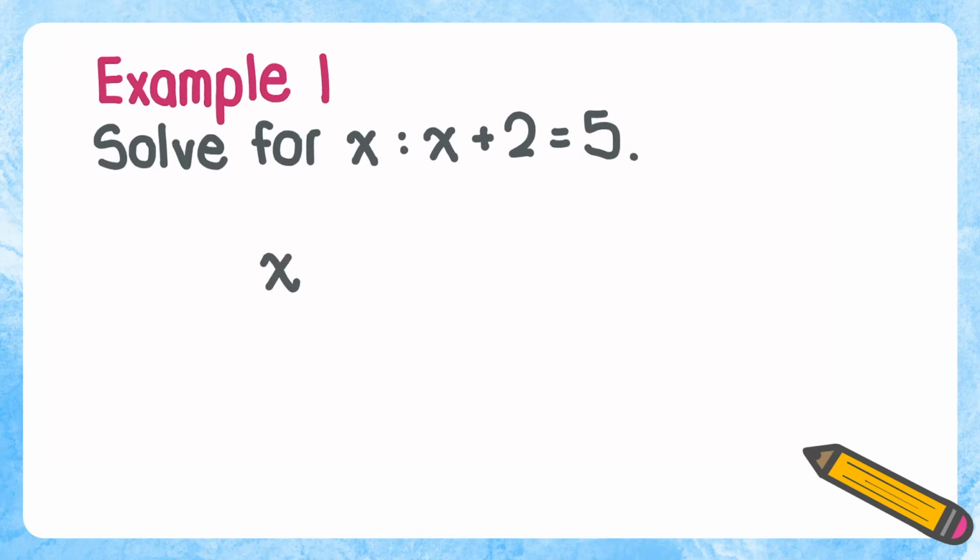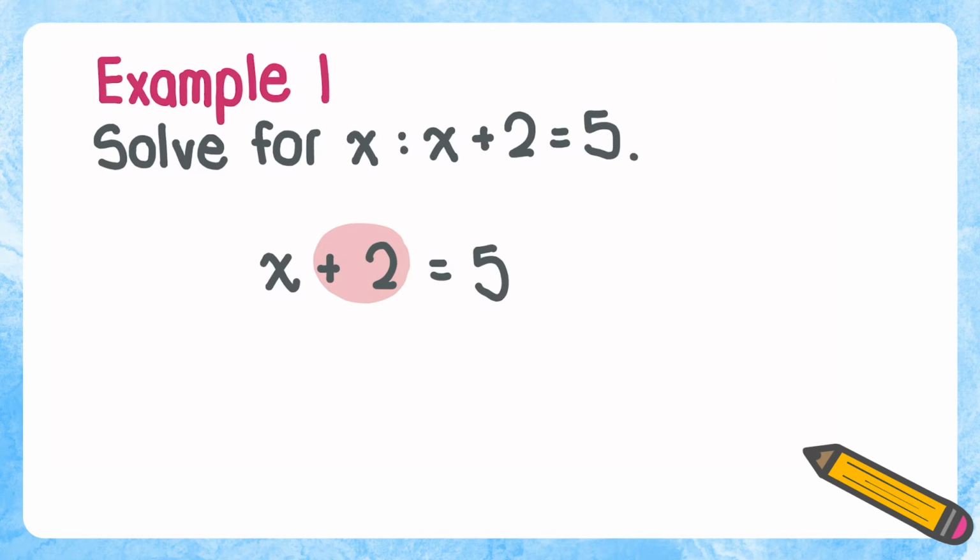Okay, so we have x plus 2 equals 5, and remember, I want to isolate the x. I want x by itself. So I notice that this plus 2 is in the way. So how do I get rid of it? How do I cancel it out? Remember, I want to use inverse operations on both sides. So what is the opposite of adding 2?